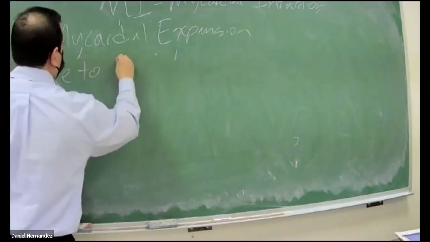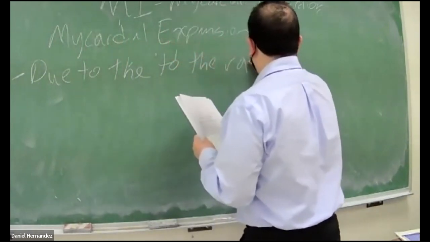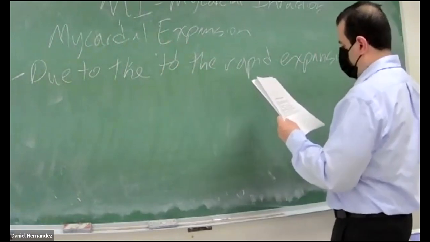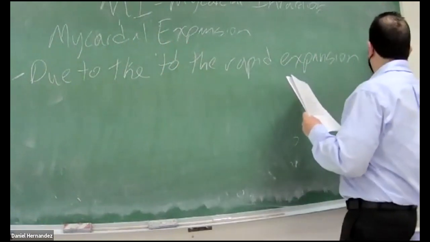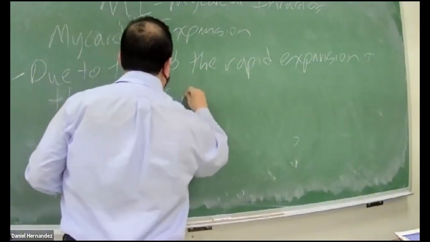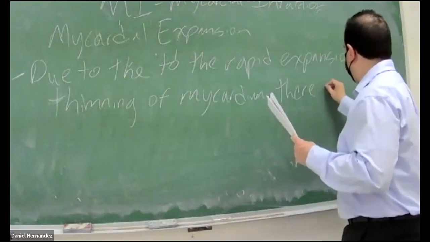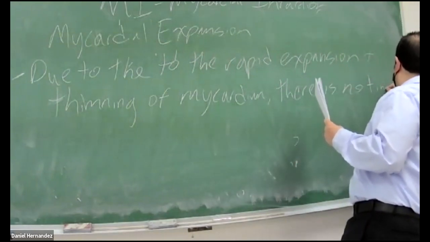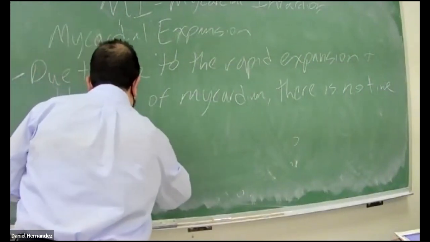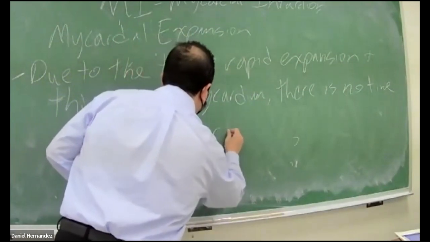So due to the rapid expansion and thinning of myocardium, there is no time for fibrosis and scarring to happen.